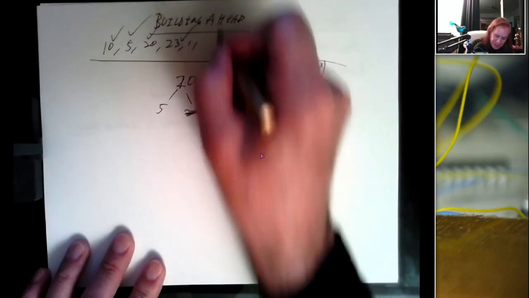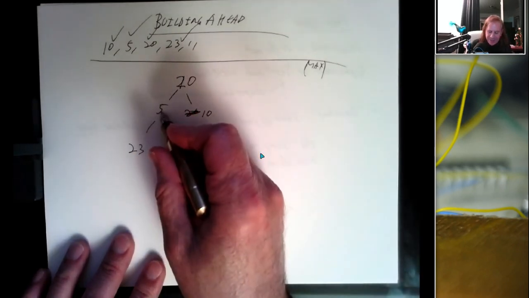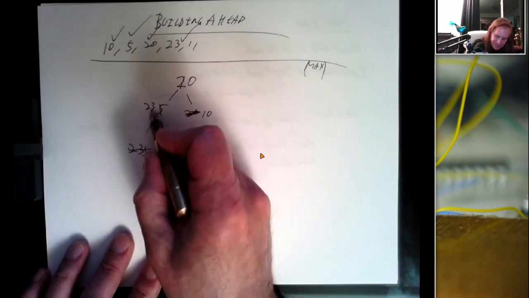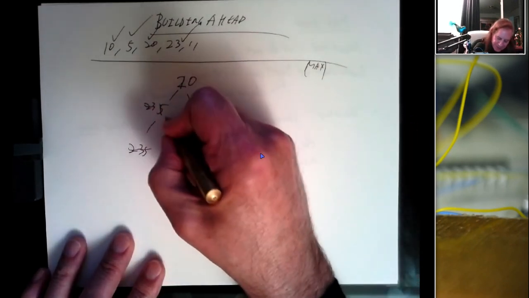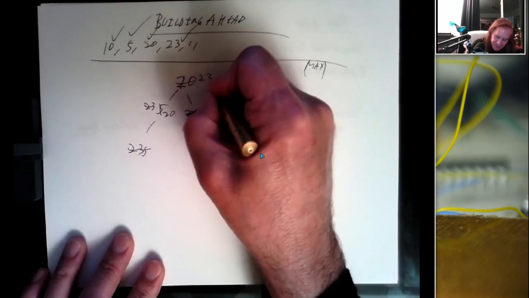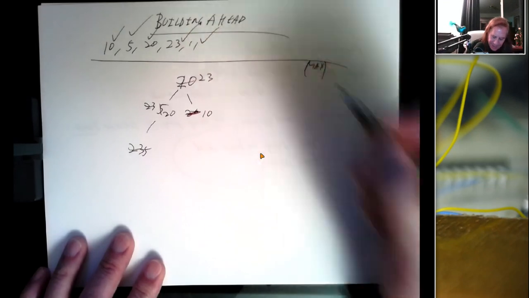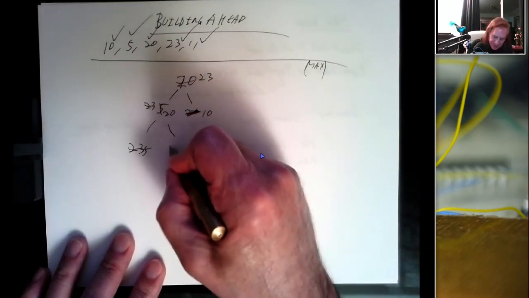Alright, let's add a 23 to our heap. Put it in the last position. Its parent violates the max heap property, so let's swap 23 and 5. Go to 23's parent. 20 violates the max heap property, so swap with the largest child. There's our 23. And now we've got an 11, and we want to add that to the last position, so that goes over here.